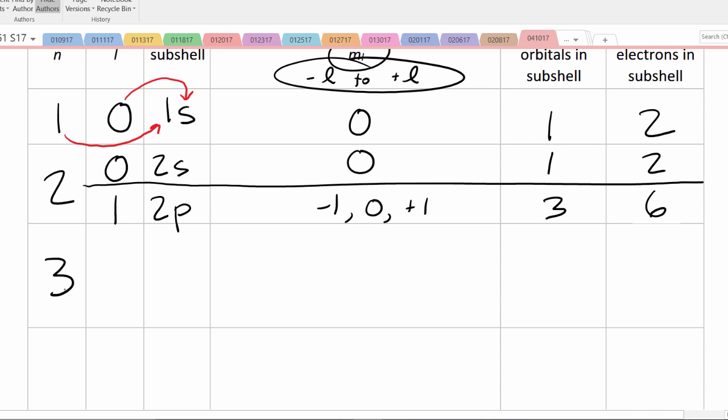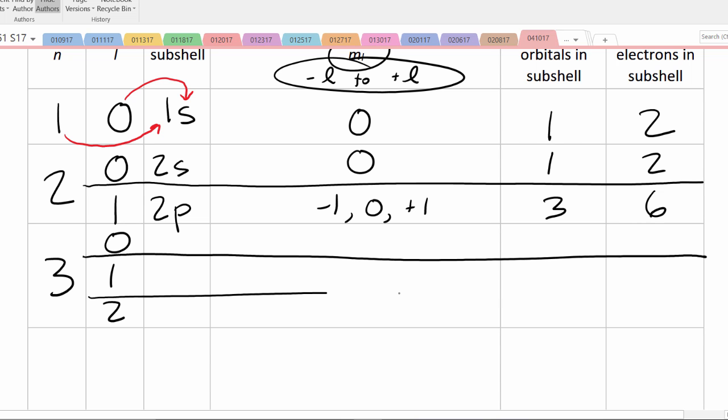Okay, number 3. When we have n is equal to 3, possible values of L are 0, 1, and 2. Correct. So now we'll go across here. Let's go down now.